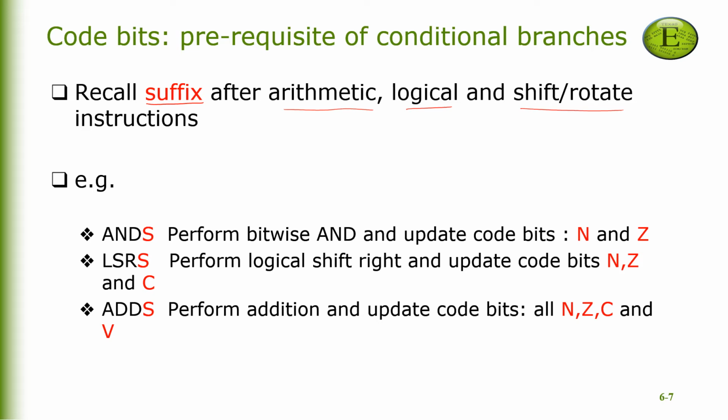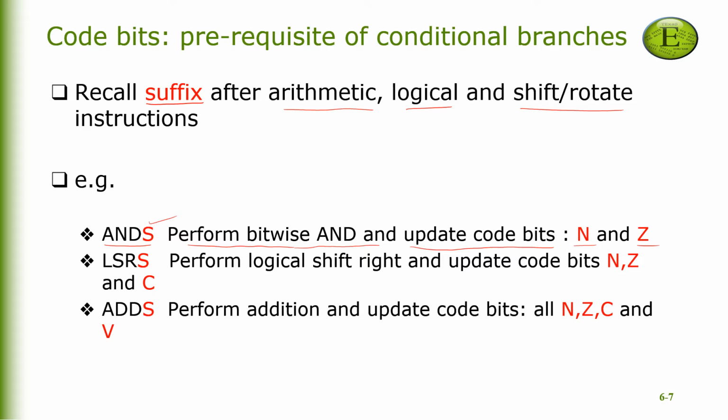The example of the AND instruction with the suffix S. We said in lecture 2 that when the suffix S is there, it means that in addition to performing the normal bitwise AND operation, the microcontroller is also going to update the code bits. In this case, it is going to update only 2 code bits, the N, the negative result code bit, and Z, the 0 result code bit described in the last lecture.